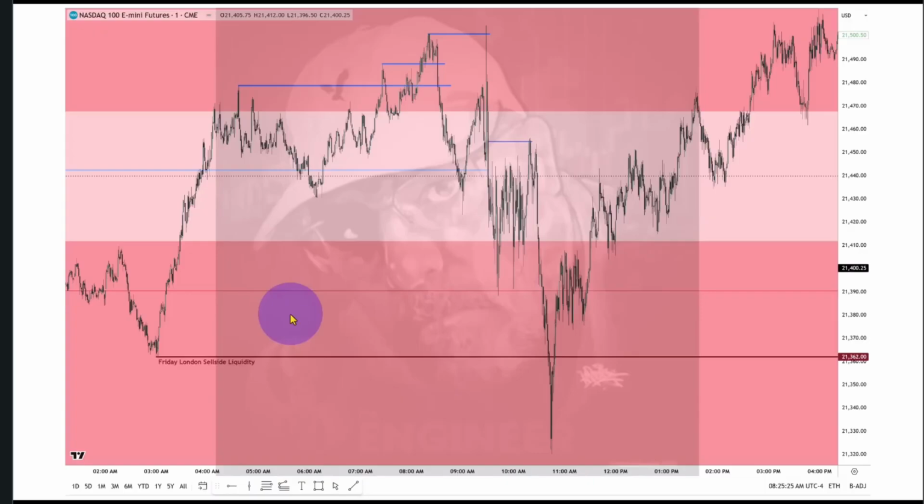And your setup might not form in that given moment, and you let it go, and you trust that you'll find another setup. Or, and this is my hope, that you'll learn a lot of the continuation patterns that I teach with PD arrays, like volume imbalances, mitigation blocks, institutional order flow entry drills, that type of thing.